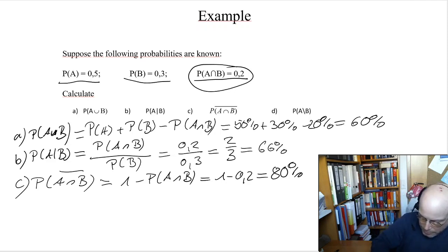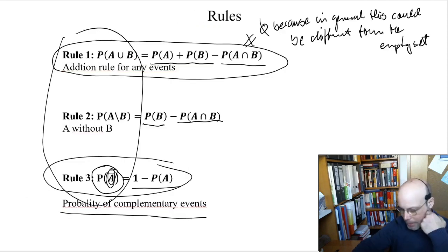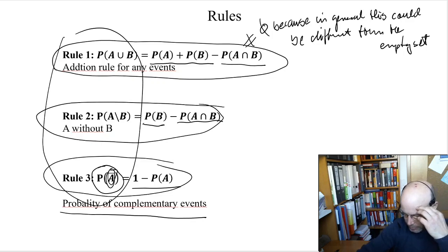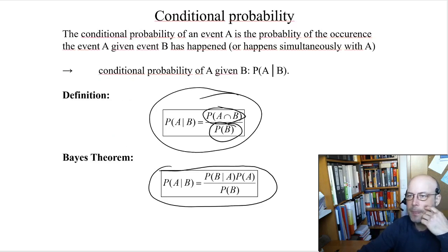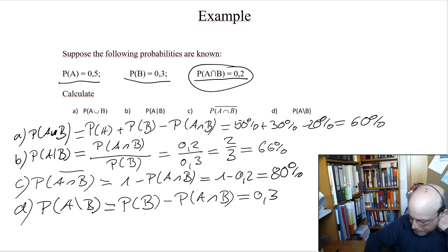And the last one, this is just P of A without B, and there we have again rule 2, so P of B minus P of A and B, and therefore, oh, so now I see, 10%.